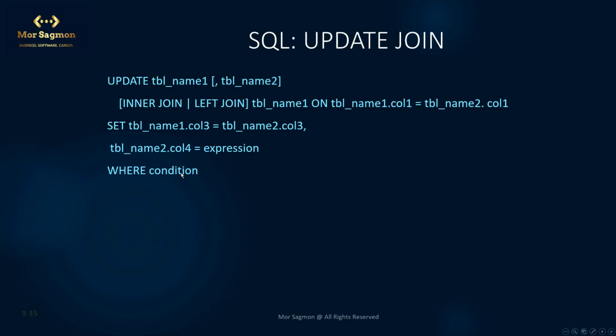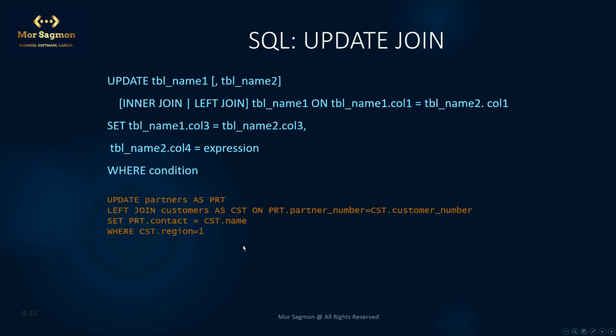And you can also have a condition using a where clause that filters those rows that need to receive the update. Think of that as just a usual update, but instead of addressing a single table, with the join, you basically create a foundation of joined tables where all of their columns are available for you to update, to reference their values, and or use as conditions to filter.